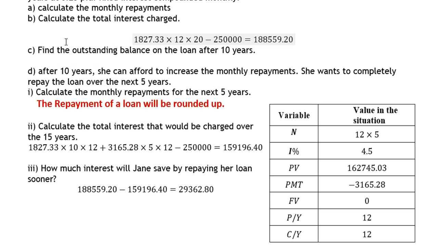Since we already got the total interest for B, subtract the value we got from the second one, and that will be the interest Jean saved by repaying her loan sooner.